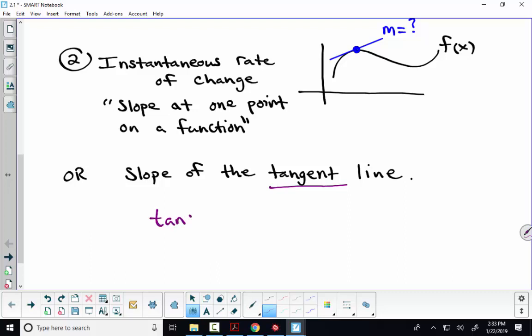Tangent, Latin word, T-A-N-G-E-R-E, I believe, a Latin word that means to touch. So it's a line that touches the curve at a single point.